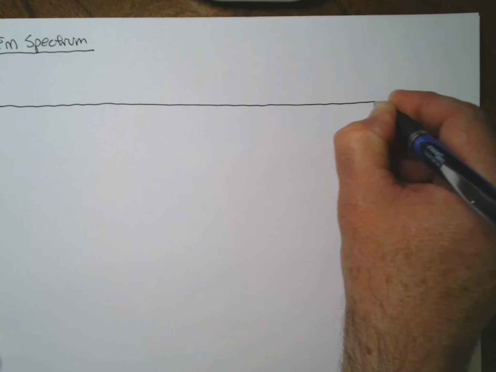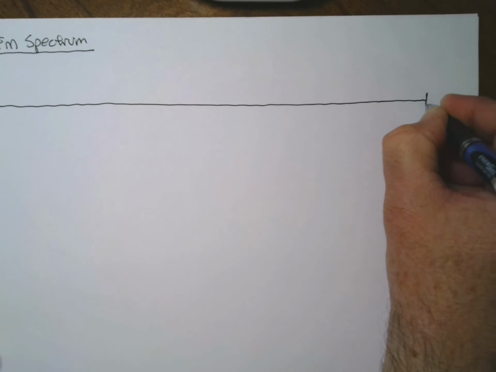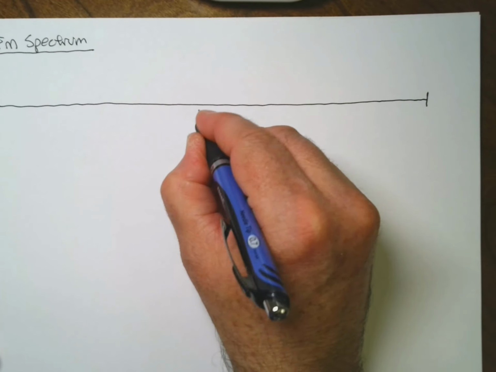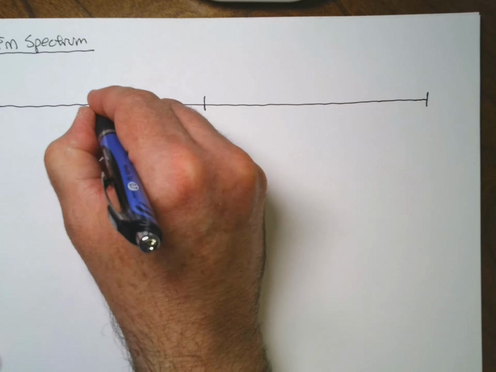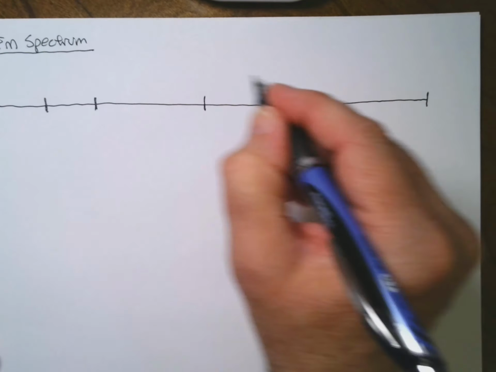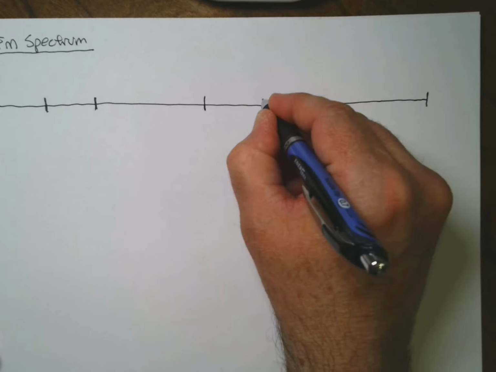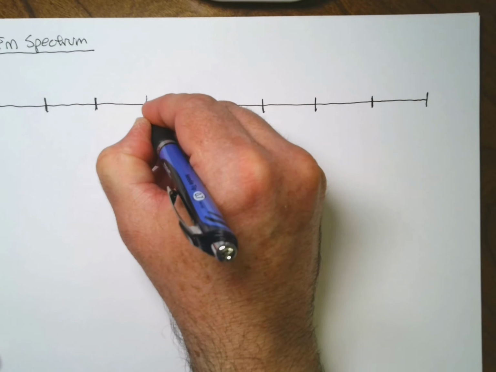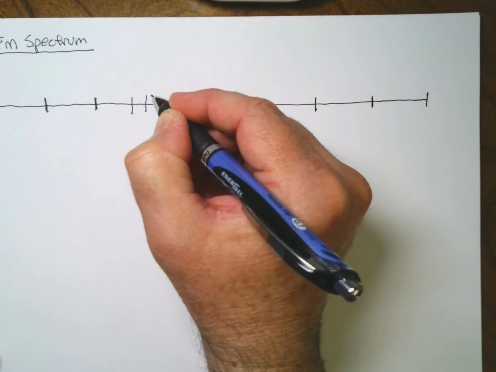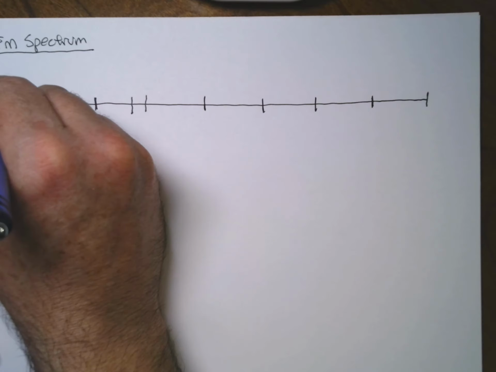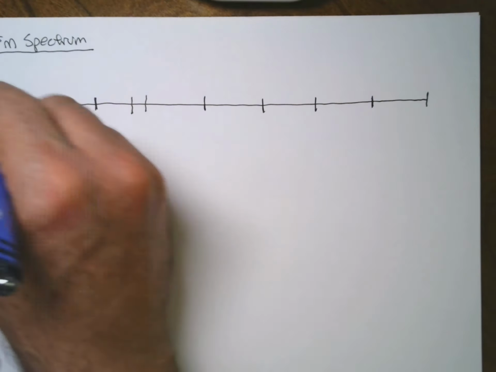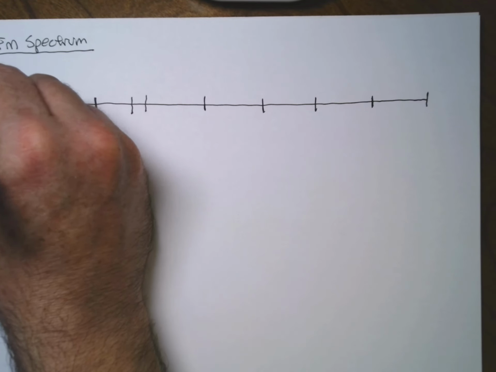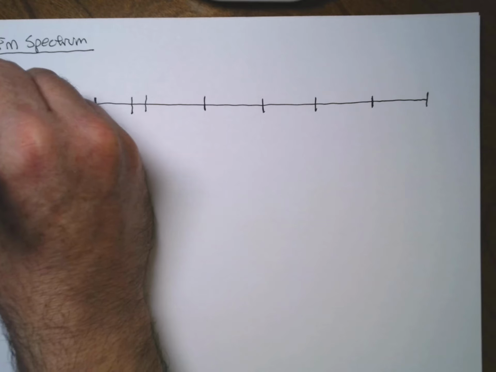So let's draw out a big long line, and this is going to be our wavelength in meters.